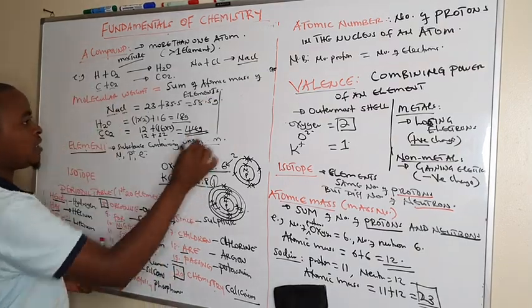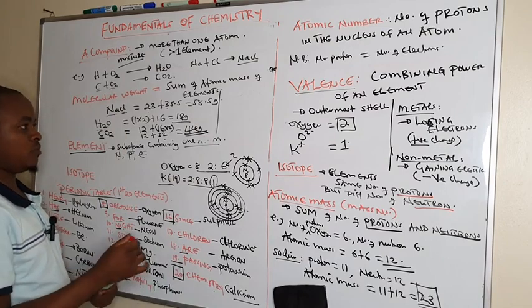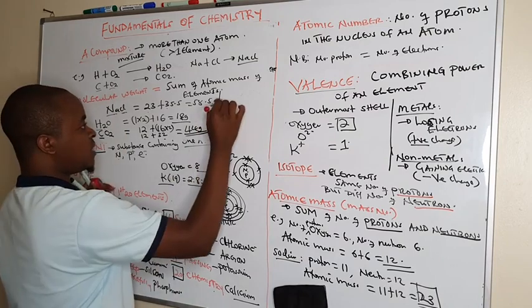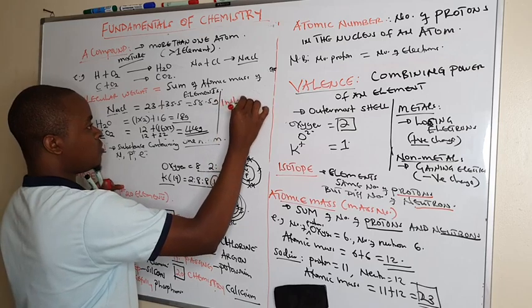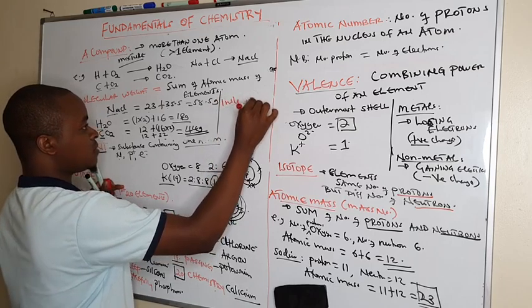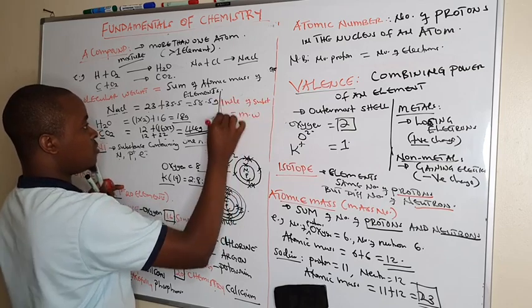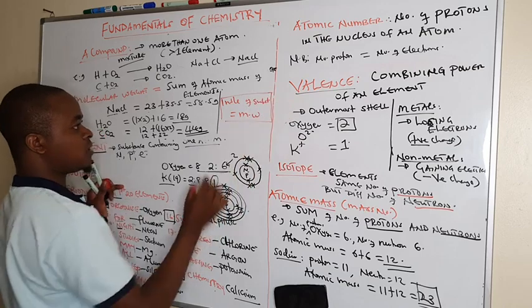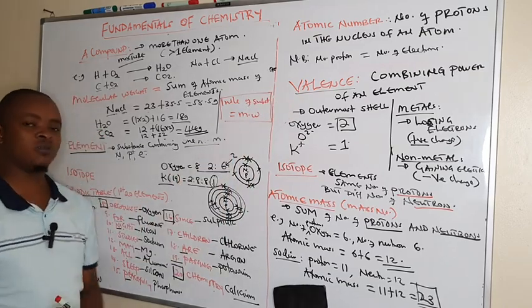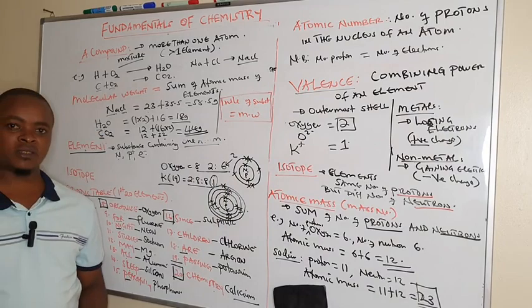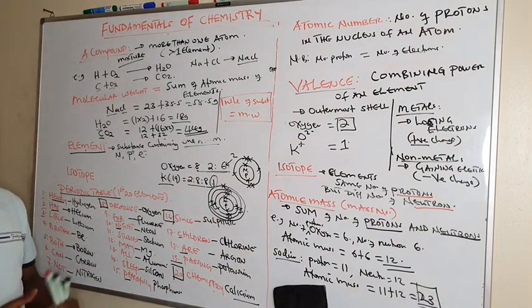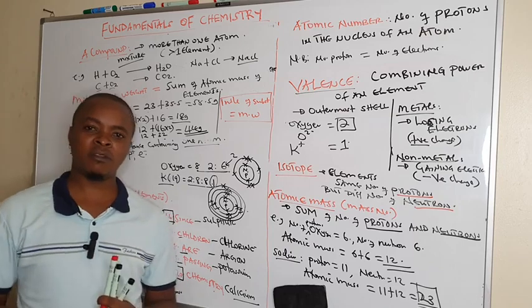And remember, we said 1 mole. We can say that 1 mole of a substance is equivalent to its molecular weight. Always remember that 1 mole of a substance is equivalent to the molecular weight of that substance. So this is what we can discuss. We have looked at what an atom is, what an element is.